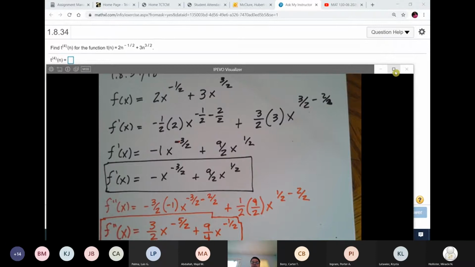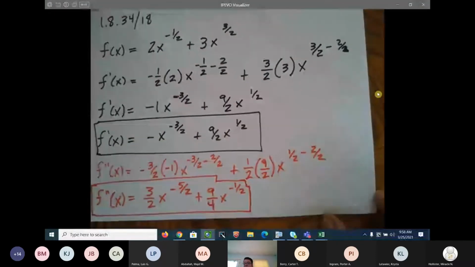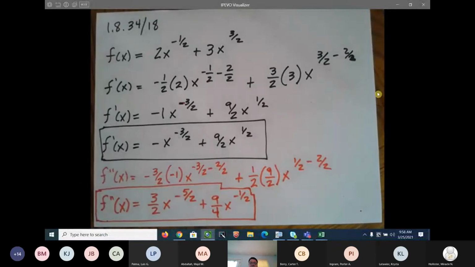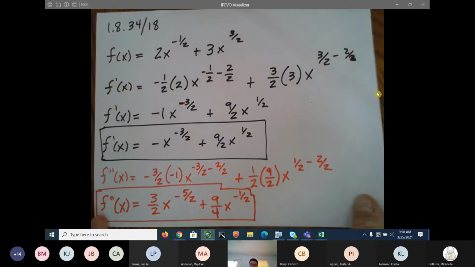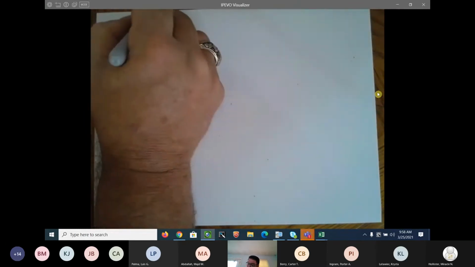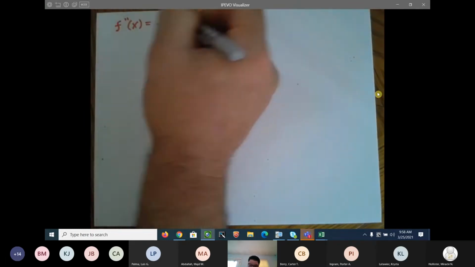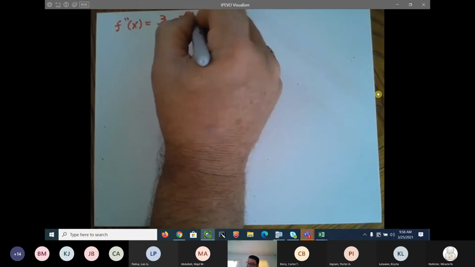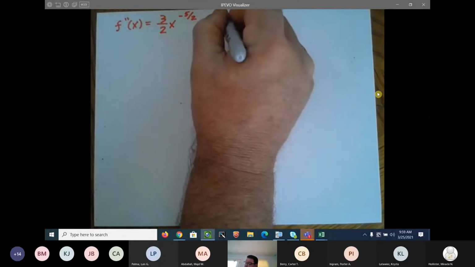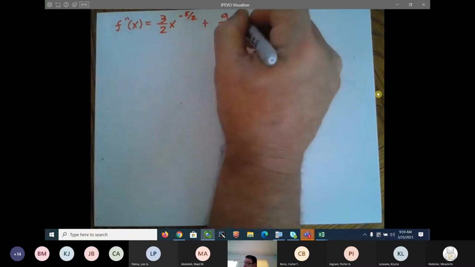So we're going to do the same. So go ahead and, if you haven't gotten to that point, get to that point because we're going to take the second derivative over to the next page and we're going to take the third derivative. Okay. So f double prime of x is equal to 3/2 x to the -5/2 plus 9/4 x to the -1/2.